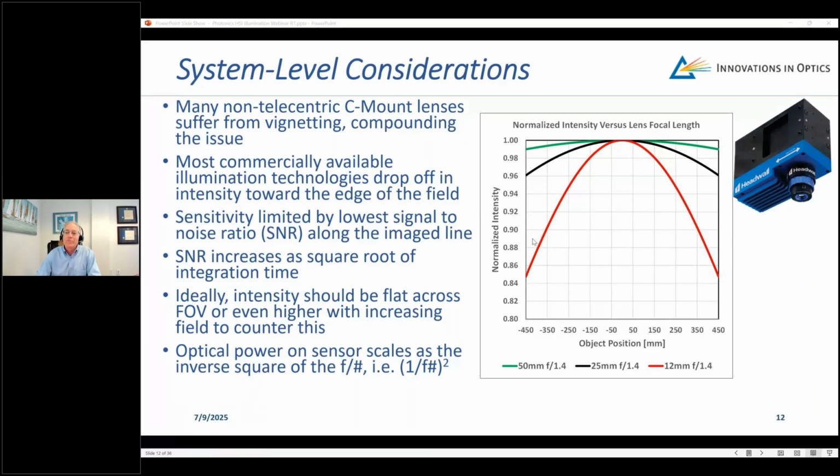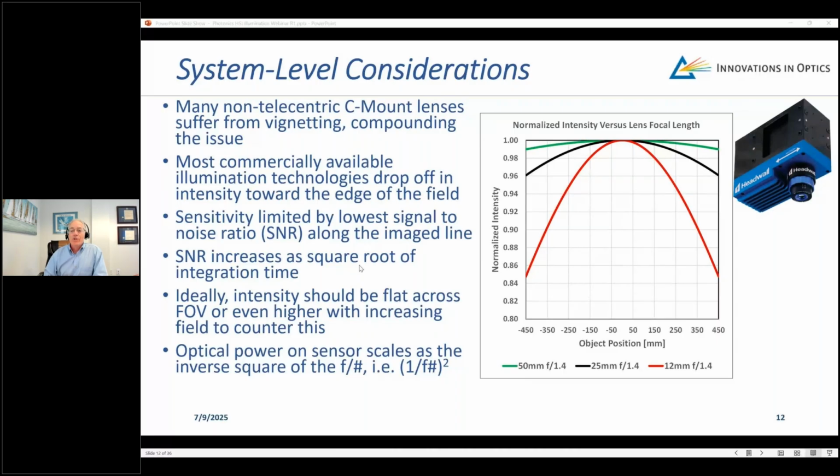is really what's going to limit the speed of the conveyor belt, because it's the signal noise ratio of the ability to detect at any point along the line that's important. So you don't know where the object's going to be. So the lowest signal noise ratio is really going to dictate the speed of the line. If you want to make it faster, then you need more light.